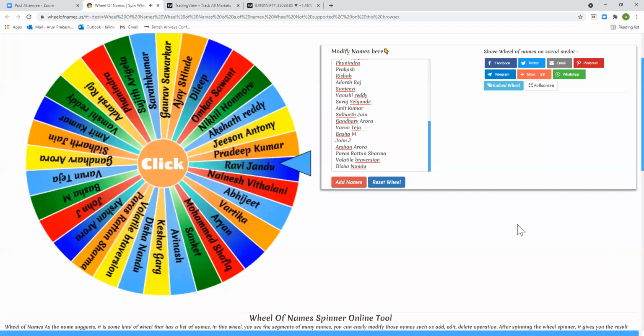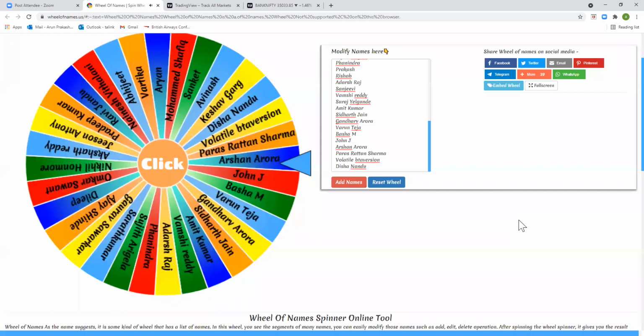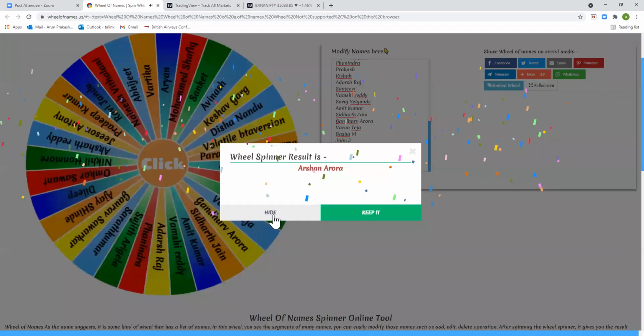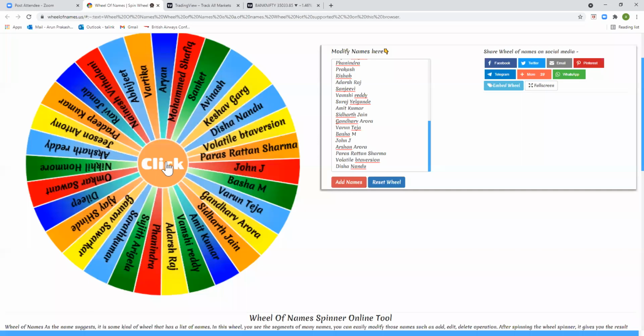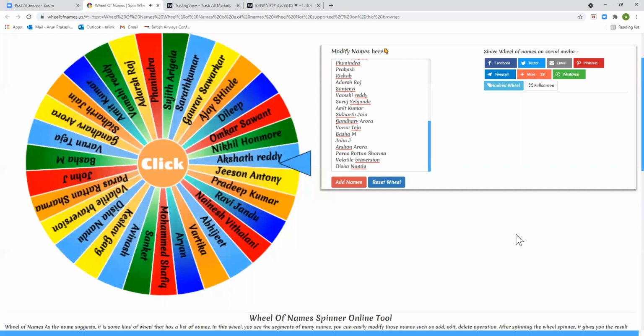Arshan bro? Is Arshan here? Arshan is also not here. Okay, bad luck. Ajay Shinde bro?